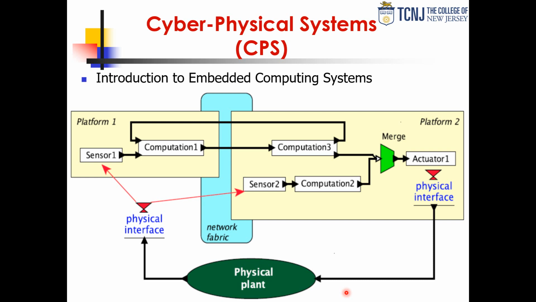The point is that because of the nature of this physical plant, sensor 1 and 2 cannot be connected in the classic sense that I can just run a wire from one to the other, or have it on the same board. So this physical system now has to be controlled. Part of this control system is two platforms that each one is an embedded system. And these two embedded systems are connected by a network fabric.